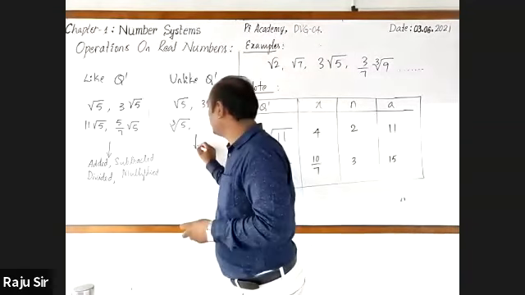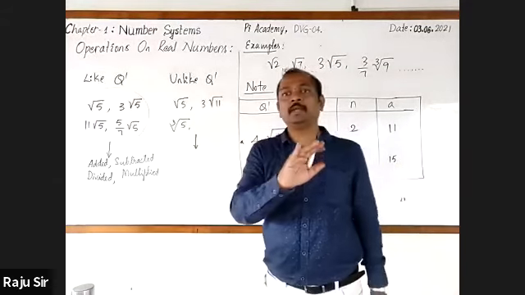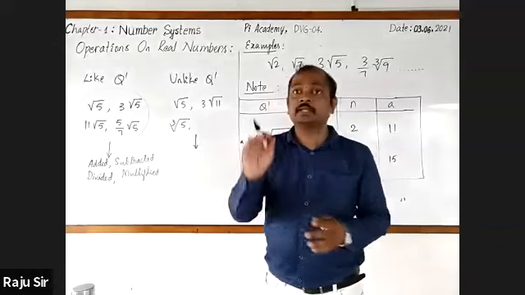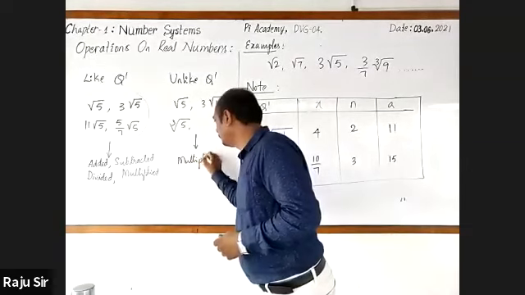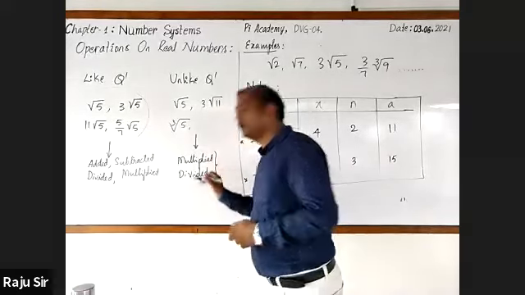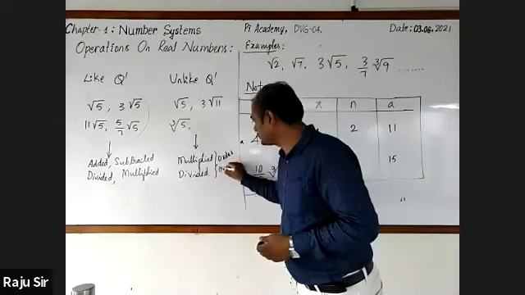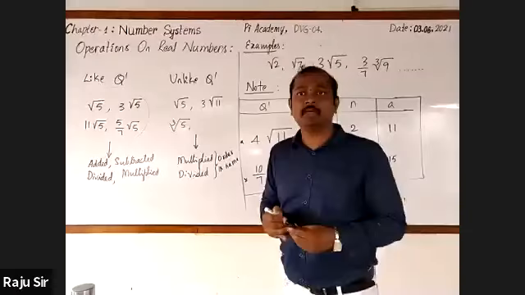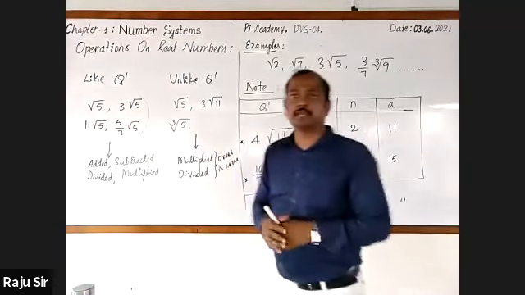In case of unlike surds, unlike irrational numbers, they cannot be added, they cannot be subtracted, but they can be multiplied, or even divided, if and only if the order is same. This is additional information. It is not there in your textbook.